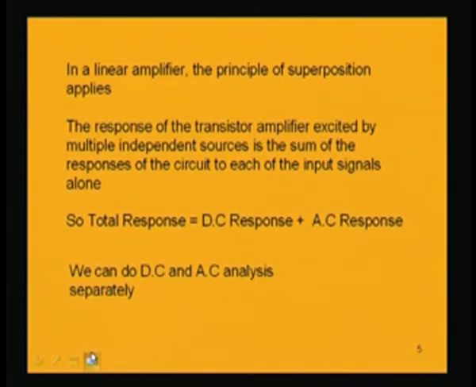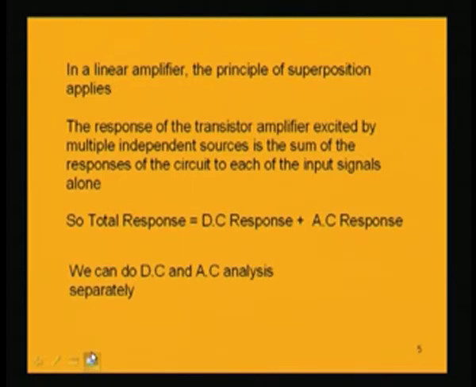And now, because this transistor is operating in the linear region, which is due to the fact that we are applying a signal which is small enough to ensure the transistor's operation in the linear or active region, we can see that the total response of the transistor amplifier will be the summation of the responses due to DC plus AC.